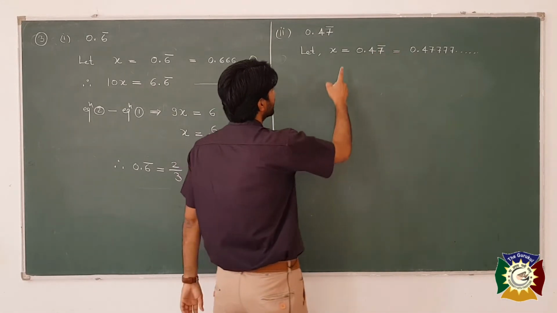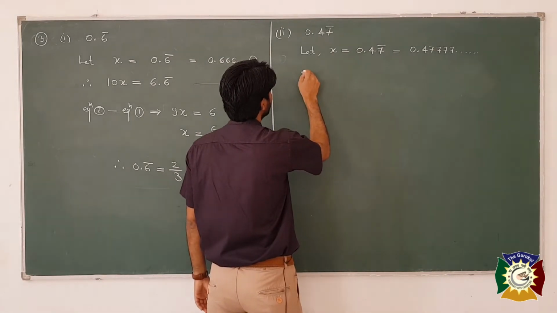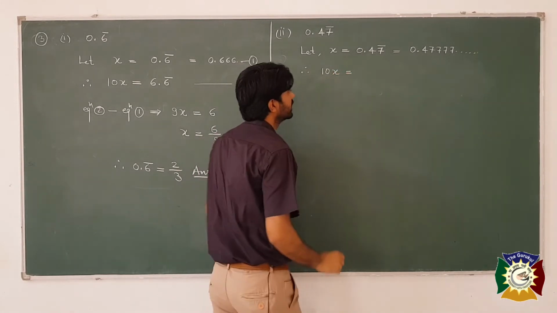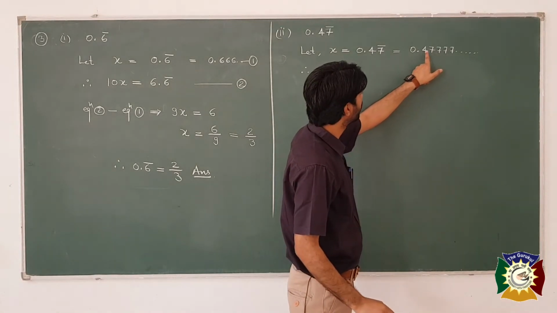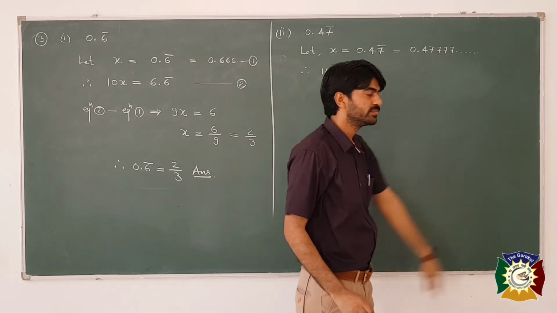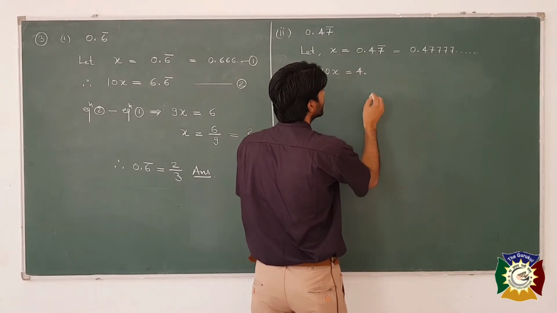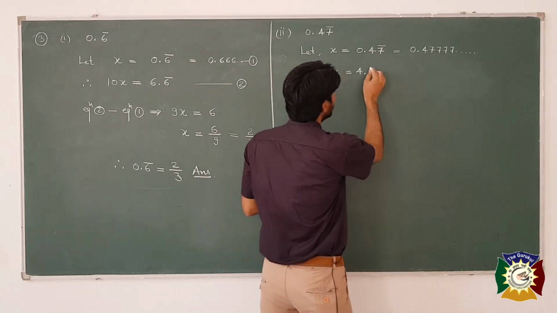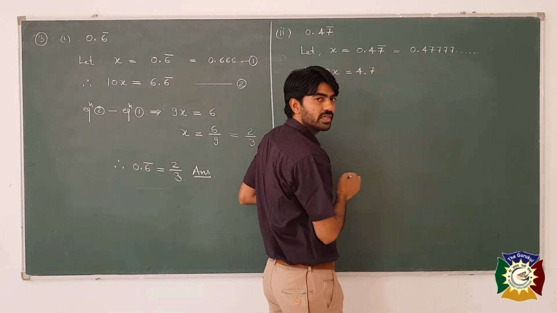Now if I multiply by 10 to both the sides, therefore 10x will be, so this decimal will come here. So it will be 4.77777 and so on. So I'll write it as 4. Now after decimal I can write like this 7 and I can put bar here only.